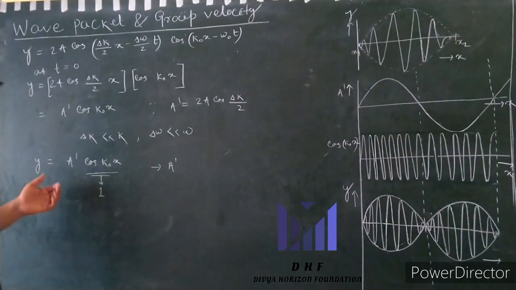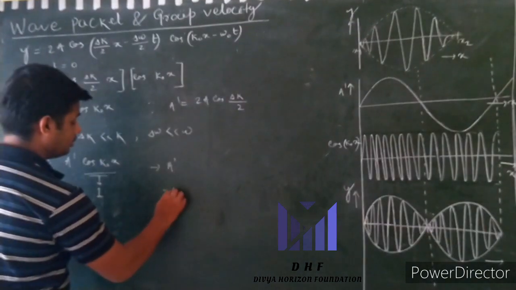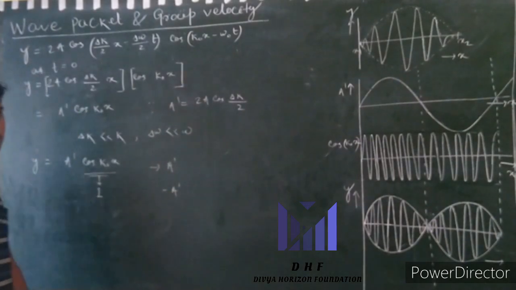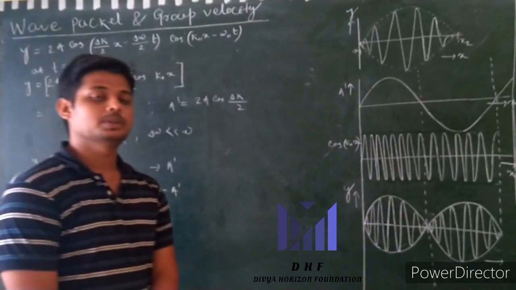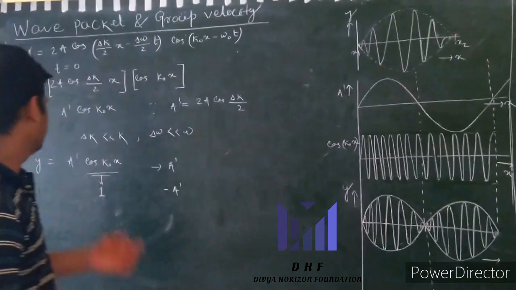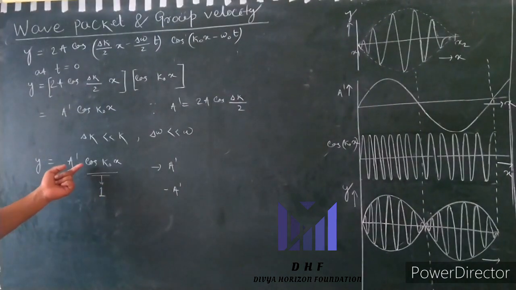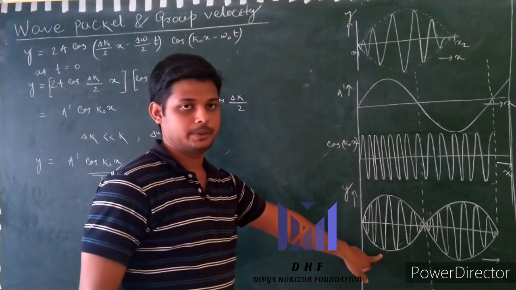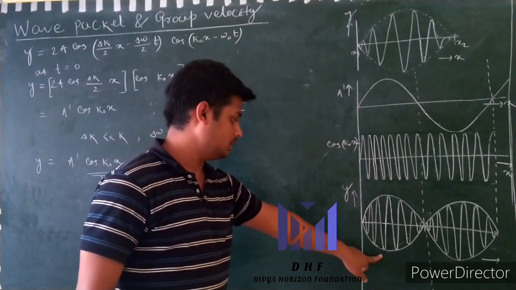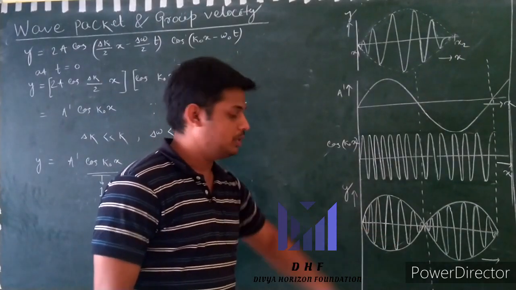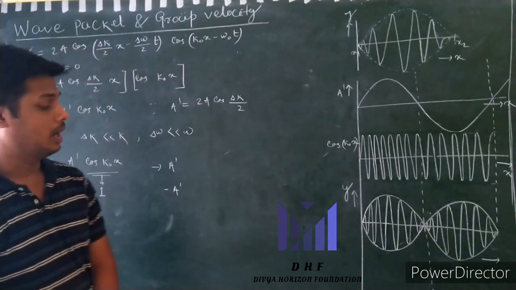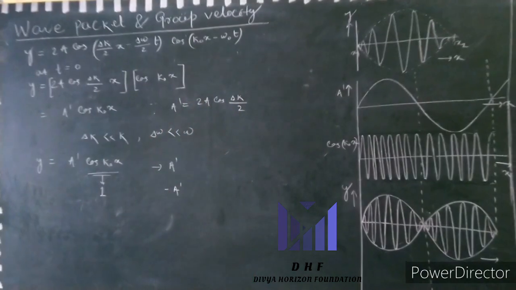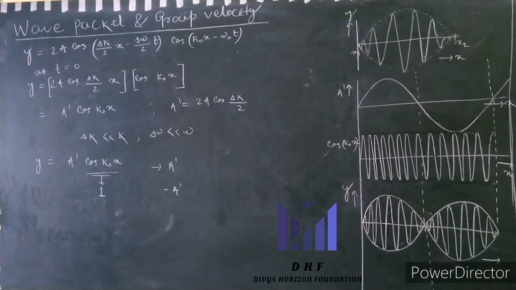At that time, the value of y will be minus a dash. Keeping in mind these two terms, a dash and cos k0 x, the figure will be like this. Here we can see that the amplitude of this curve at time t is equal to 0 is not constant.